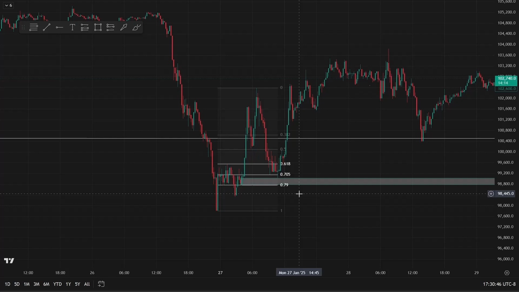Good order blocks are also within this range, this sweet spot in the Fibonacci. And I'll do another video just on this Fibonacci tool, but it's really good, adds confluence in making decisions about trade entries.